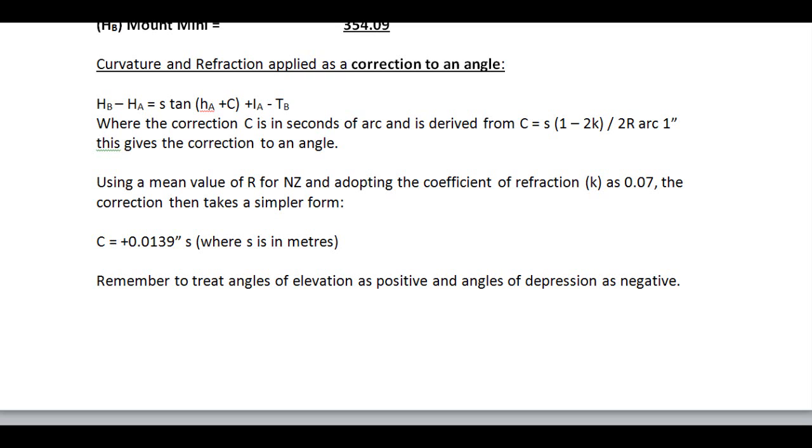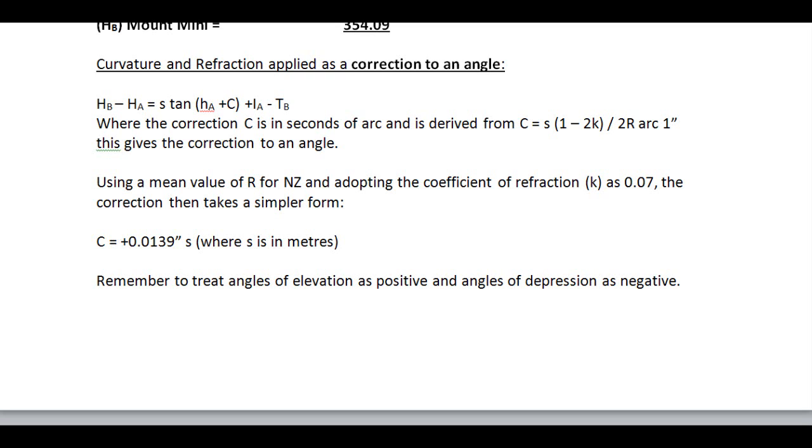where the correction C is in seconds of arc and is derived from the formula C equals S times (1 minus 2K) over 2R times the arc in seconds. This gives the correction to an angle.